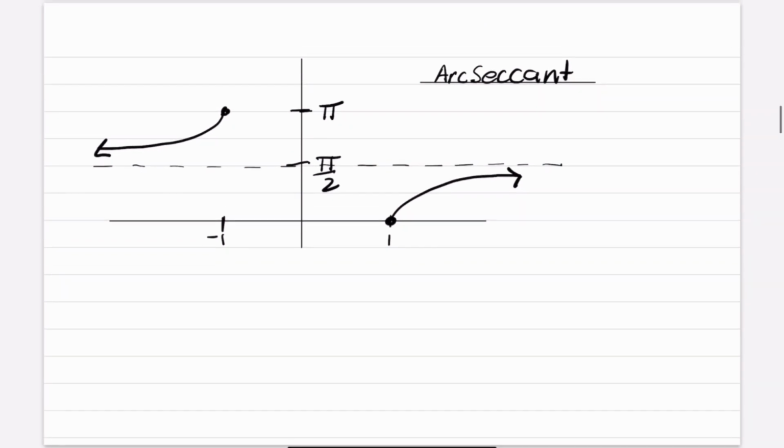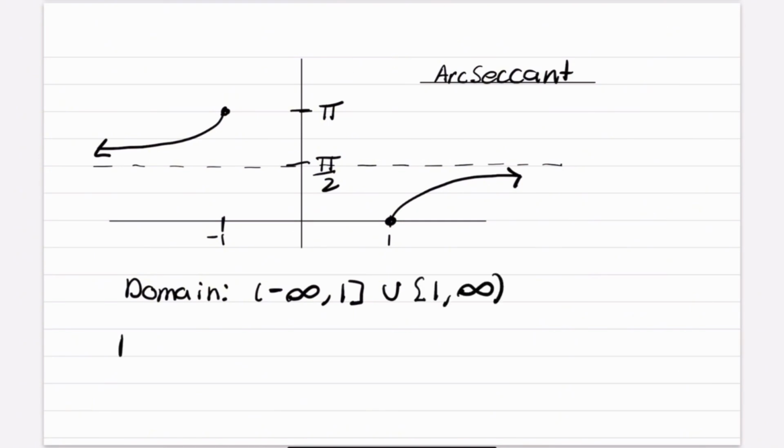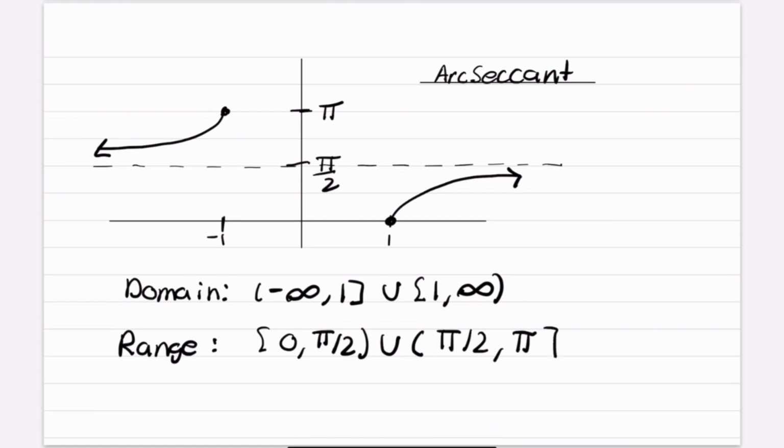And clearly we see that the domain is from -infinity to -1, union from 1 to infinity. And the range is from 0 to pi over 2, union from pi over 2 to pi.